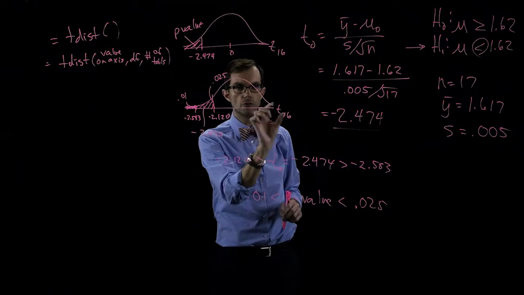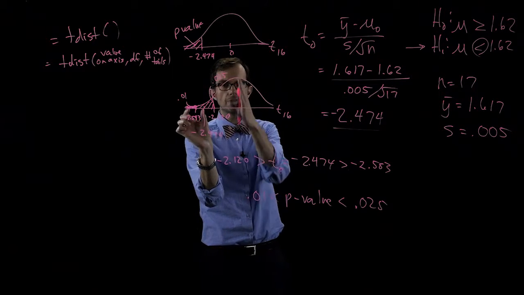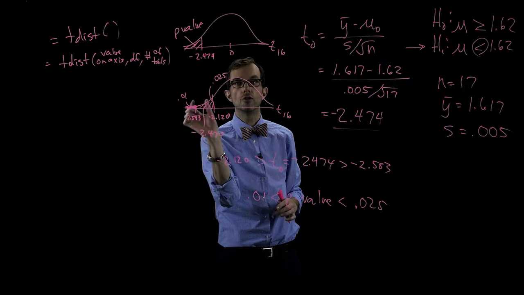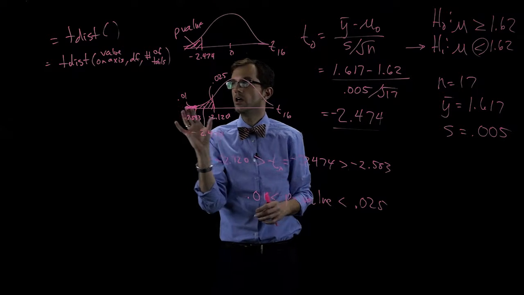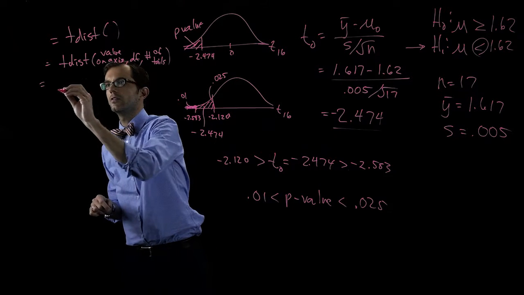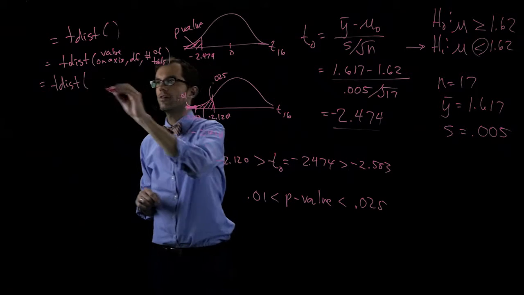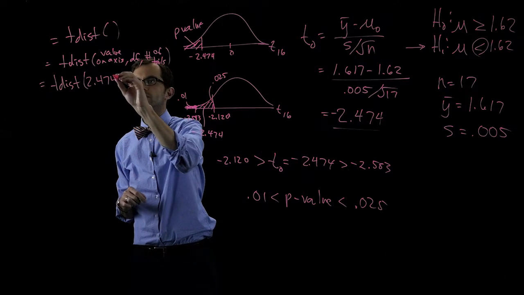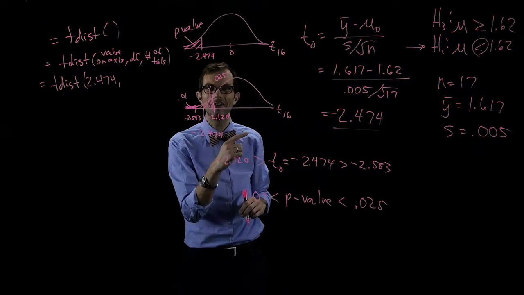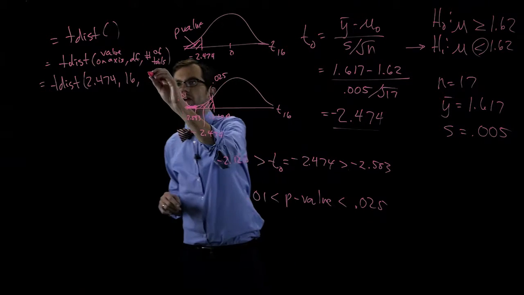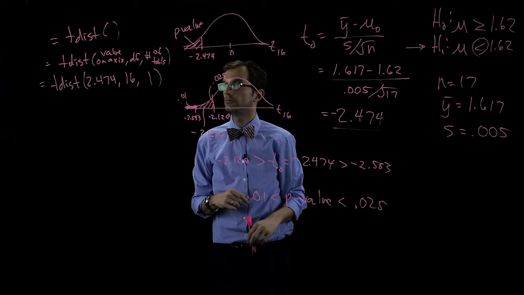And we just use our symmetric knowledge here to conclude what the p-value would be from that. So we input this in Excel as 2.474, the value on the axis that we want the area above the tail for, degrees of freedom 16, and a one tail, the upper tail.